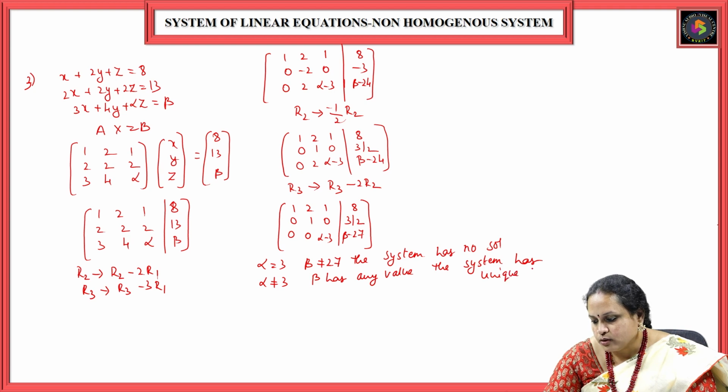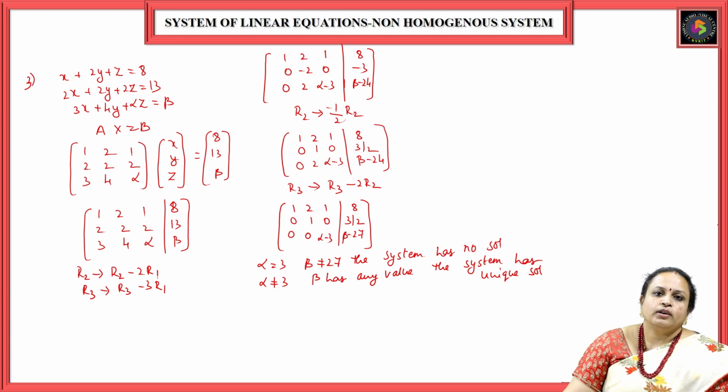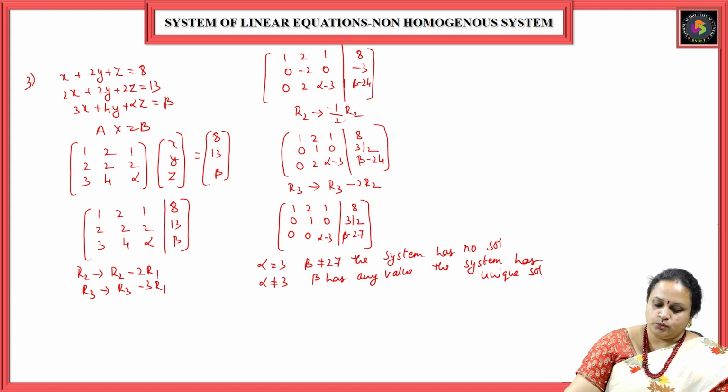The system has a unique solution because in this case the rank of A will be 3, rank of AB also will be 3, and it will be equal to the number of unknowns, that is also 3.